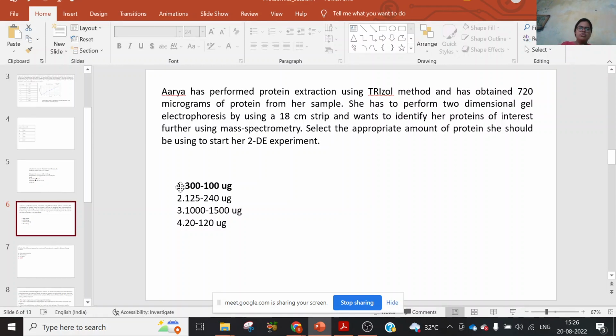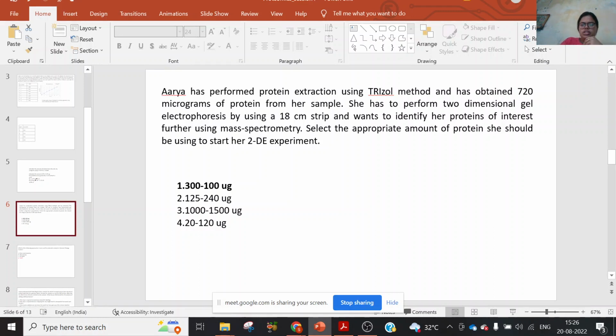The correct option is option one, 100 to 300 microgram. Now if we see options 2 and 4, comparatively they are lesser than option 1, and it will not be sufficient whenever you want to perform 2D electrophoresis, especially when you are using an 18 centimeter strip.